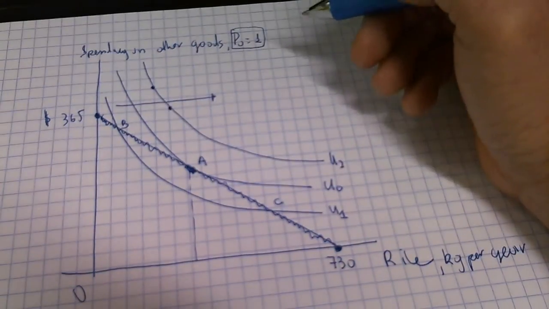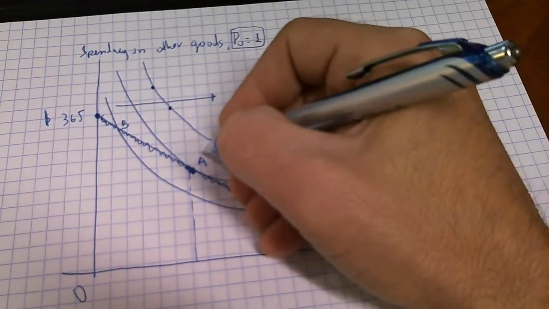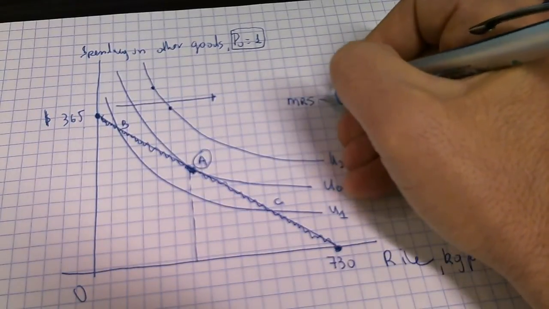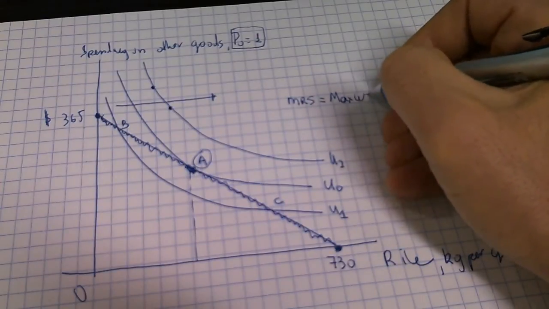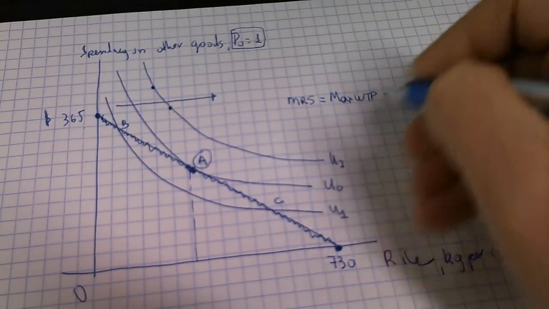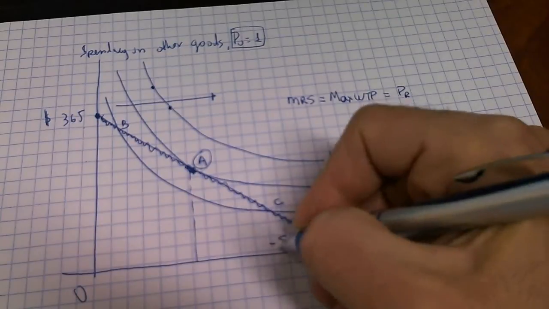Where does the consumer optimize? He optimizes at A, where the marginal rate of substitution, which in our case is his maximum willingness to pay for an extra kilogram of rice, is equal to the price of rice, which we defined to be 50 cents here. So the trade-off is 50 cents.